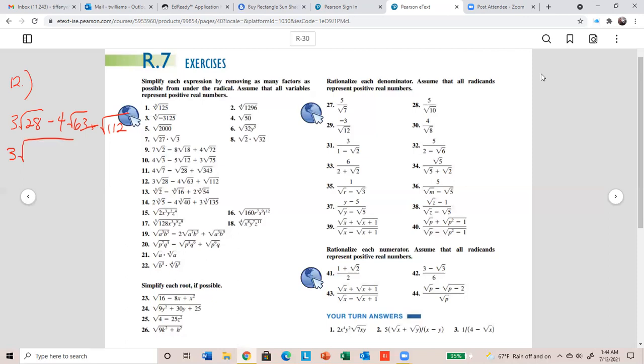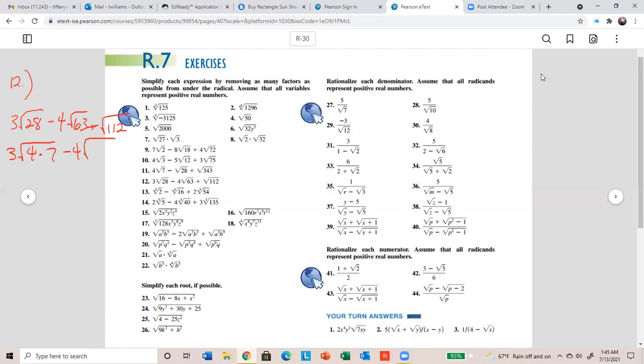Okay, so if we think about 28, we've got 2 and 14, 3 won't go, 4 and 7. Ooh, I like 4 and 7 because 4 is a perfect square. I'll clean it up in a second. 63.